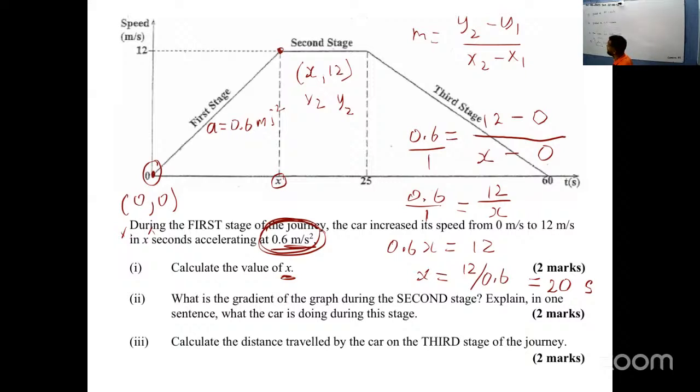Right, but listen to Jaden. What is the gradient of the graph during the second stage? Right, gradient is 0. What does that mean? At a constant speed, no acceleration.